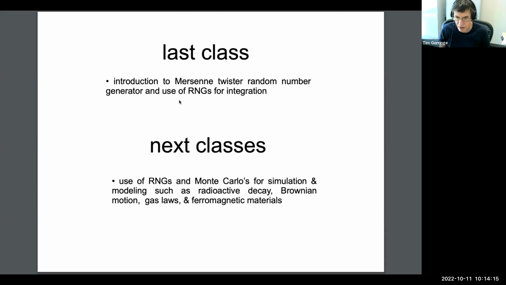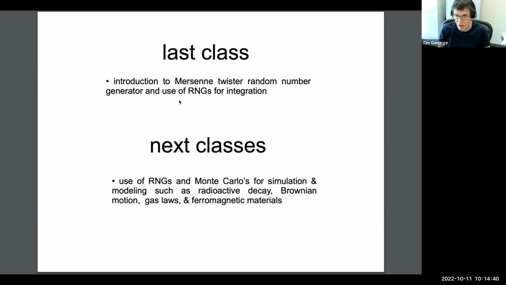In today's class, we're going to begin, and this will continue over the next few classes, using this random number generator to generate sequences of random numbers for a class of problems that we call Monte Carlo simulations or Monte Carlo methods.